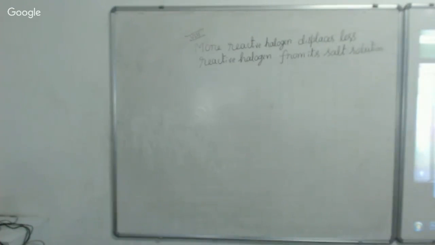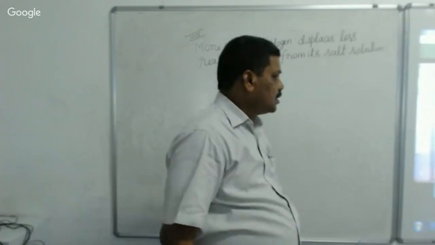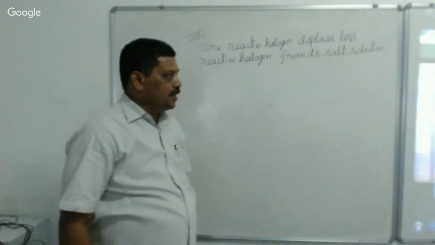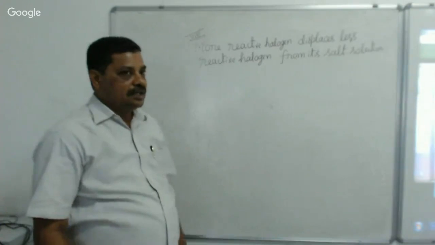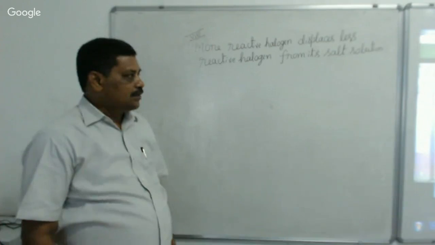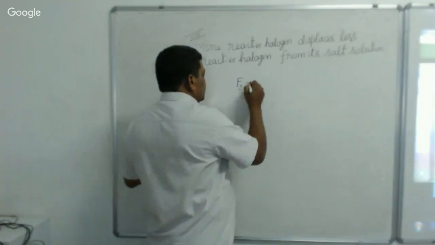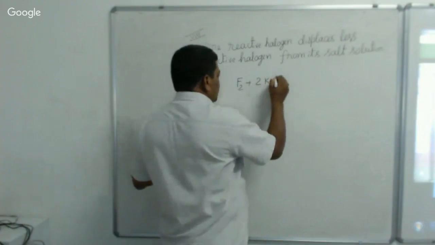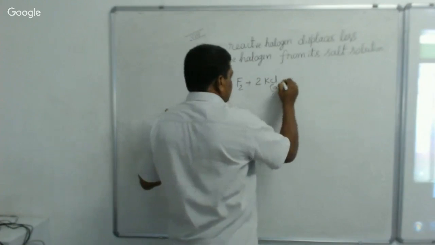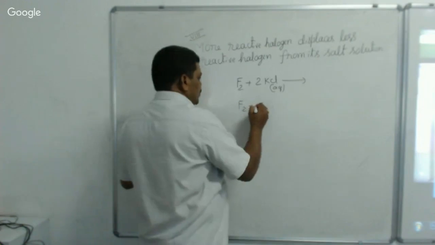So this is a very important statement. You know, down the group, the reactivity of halogens decreases. The most reactive halogen is fluorine. Next reactive is chlorine. Like that, the reactivity decreases. Since fluorine is the most reactive, if you take aqueous potassium chloride or aqueous potassium bromide.